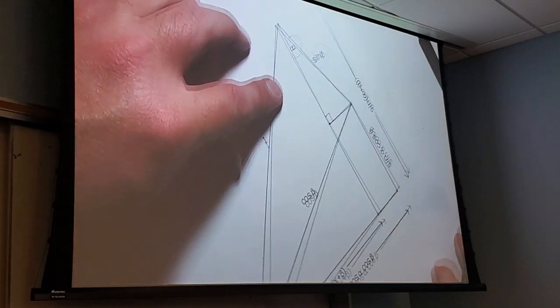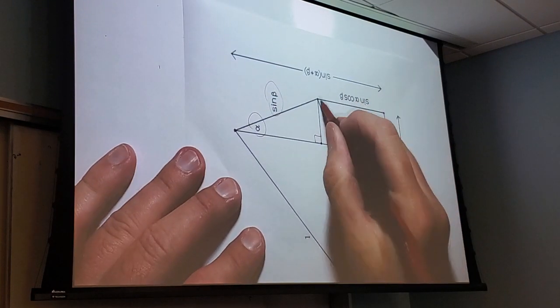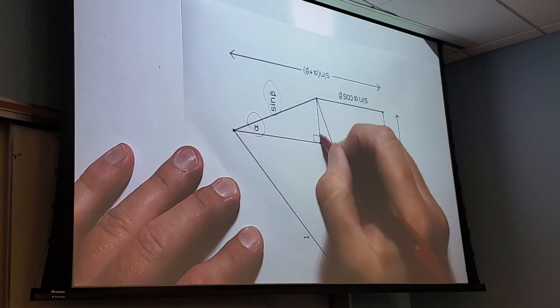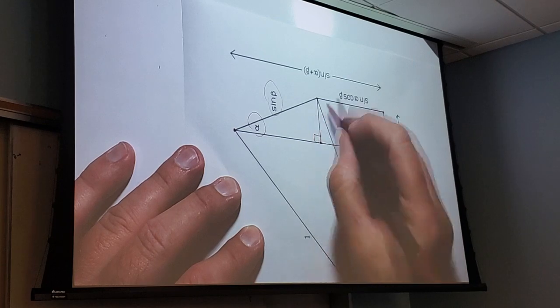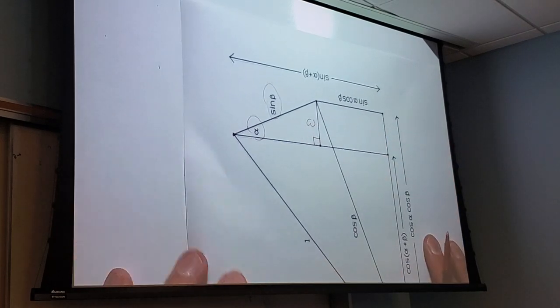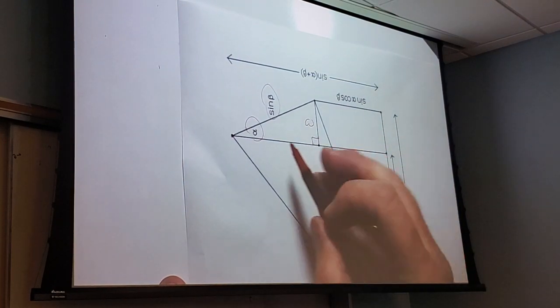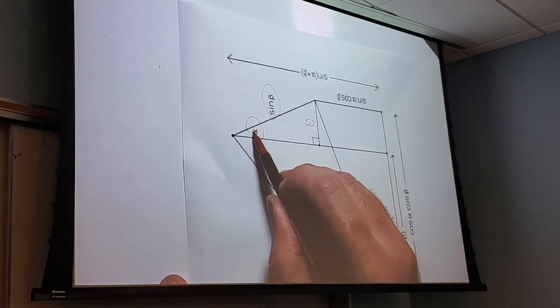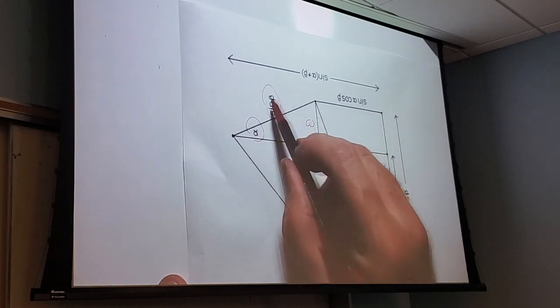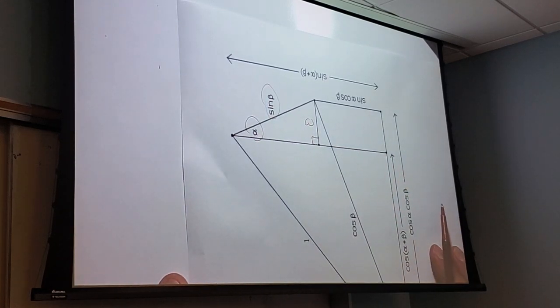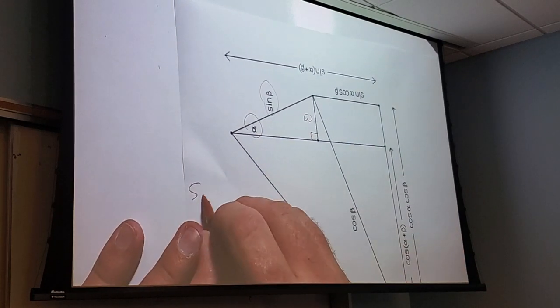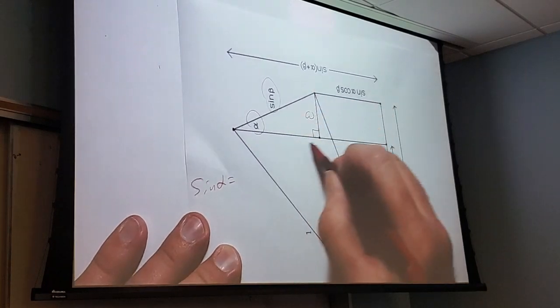Let's turn it like this. So I want to figure out what this is here. Let me call it W, just to use a different letter. What trig function would relate this angle with these sides? Say again? Sine. So what is sine of alpha equal to from this triangle?